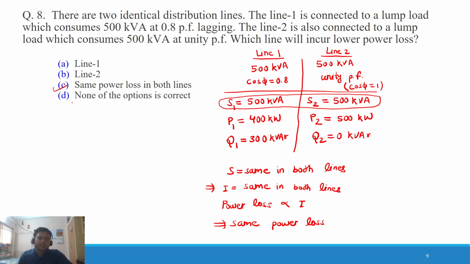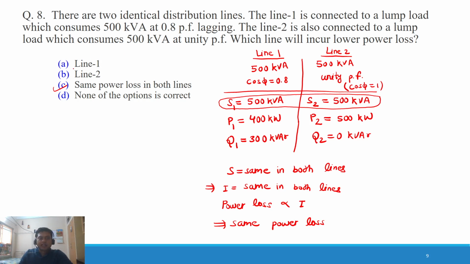And if in the same question, line 1 is connected to a lump load which consumes 500 kilowatt at 0.8 power factor lagging, and line 2 is also connected to a lump load which consumes 500 kilowatt at unity power factor, meaning in place of apparent power it is given as active power, then which line will incur lower power loss? Then the load which has a poor power factor will demand more current, more power flow from the distribution line.